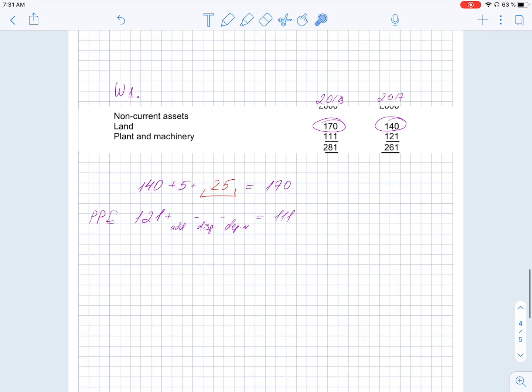So let's use those amounts. Additions in amount of 14. Disposals in amount of 8. Depreciation could be assumed as X, and then X is 16.